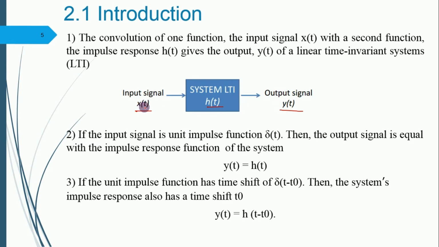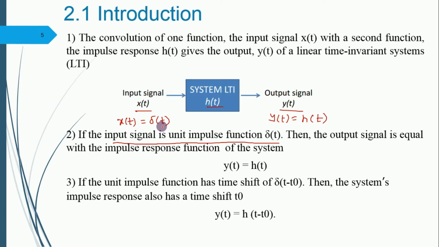So this process is called convolution. In continuous time, we call it convolution integral. If it is discrete time, we call it convolution sum. That's it. If the input signal is the unit impulse function or delta function, the Dirac delta function, and I feed this as an input, whatever output I get, we call it h of t.